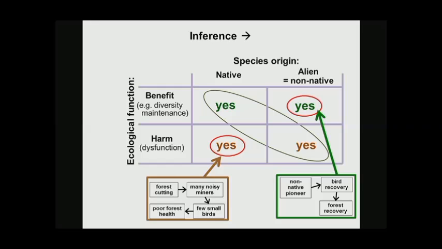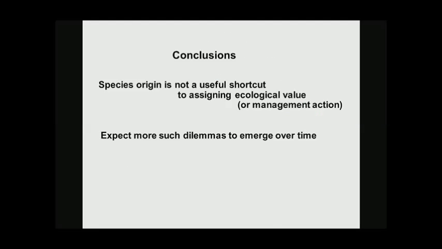We're seeing native species being harmful in cases where humans have partially or completely trashed the landscape, and that has resulted in altered kinds of species introductions. But what it does mean is that this dichotomy between native and non-native is not serving us very well. So I would conclude that species origin is not a useful shortcut to assigning ecological value or management action.